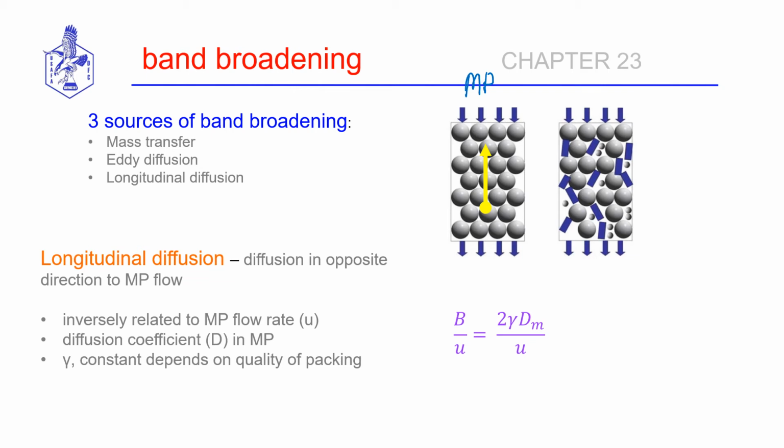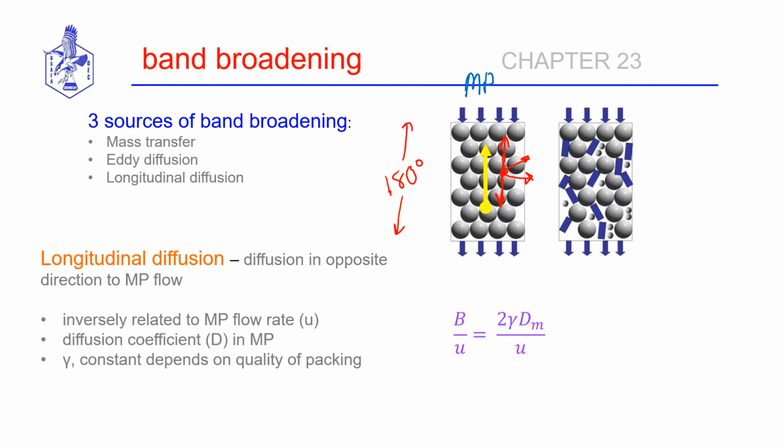So there's an equal probability of it diffusing, if my molecule is, let's say, here, it could diffuse in the same direction as the mobile phase, or it could diffuse in any other direction, which includes a direction which is 180 degrees opposed to the direction of the flow of the mobile phase.